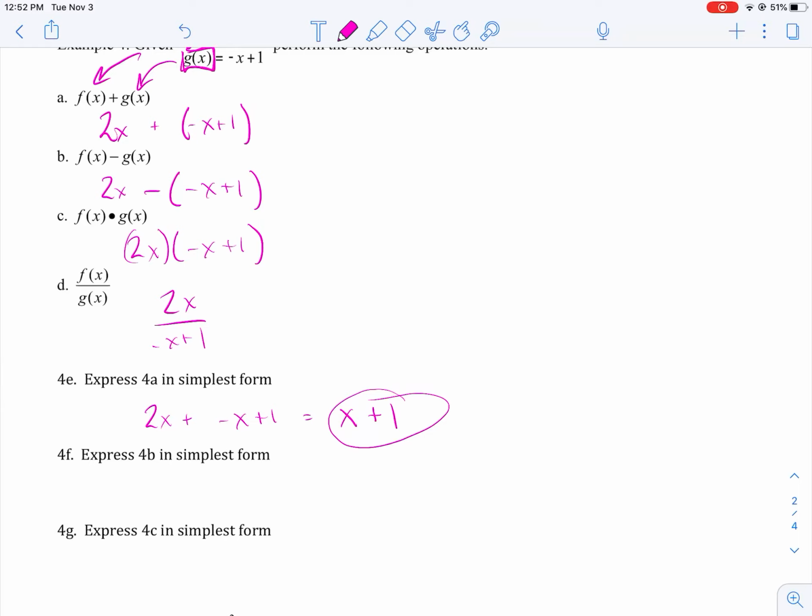All right, 4b in simplest form. 2x. Now we have a minus negative x plus 1, so I'm going to distribute that negative sign. So 2x plus x minus 1. Add those together, 3x, and then 1 goes by itself.